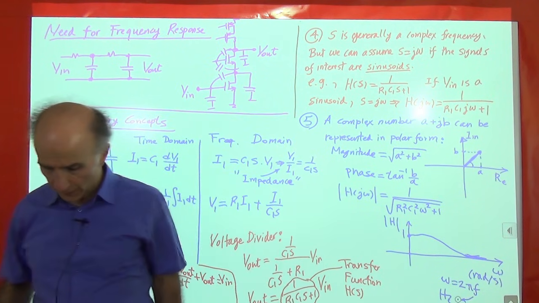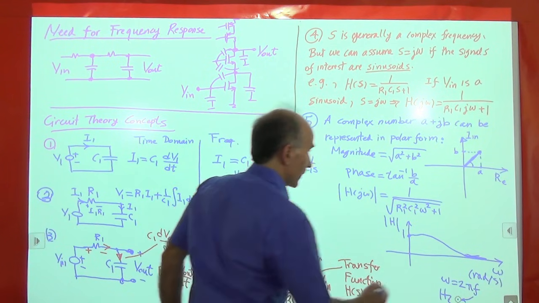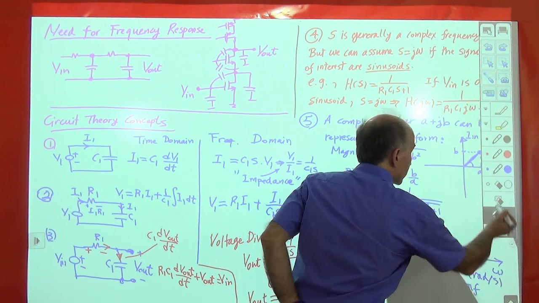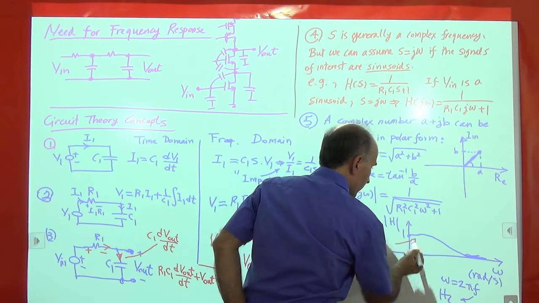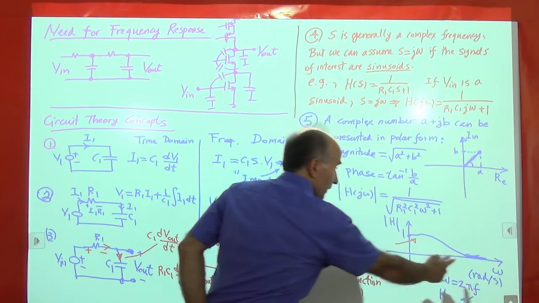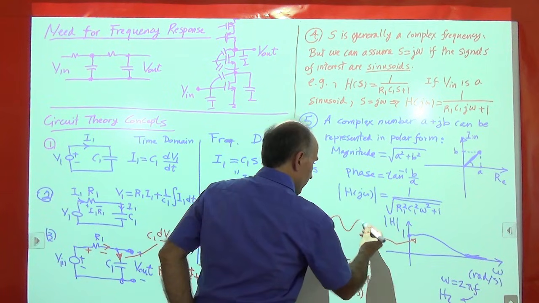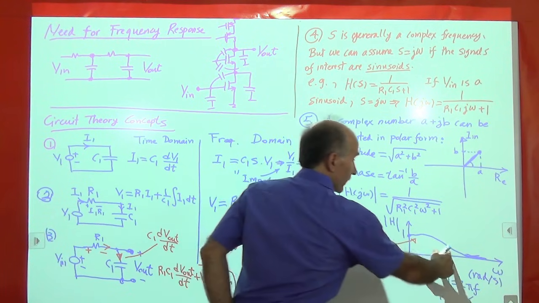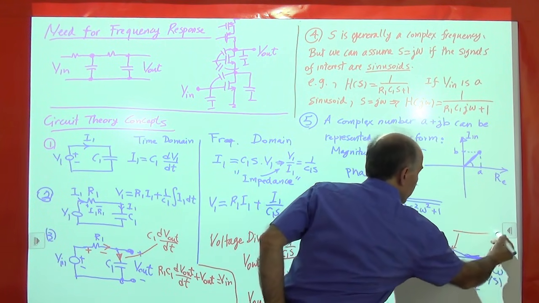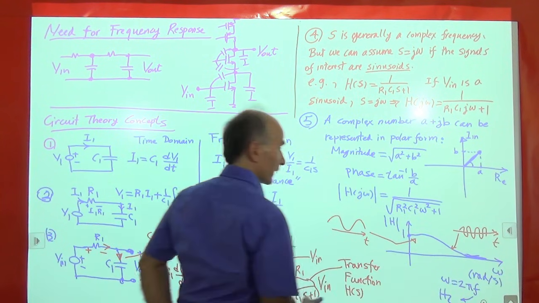Okay, so in other words, what I want to emphasize here is that what we did in the time domain was this. Here, we applied a slow sinusoid because omega is small, right? So this is something like this in the time domain. But here, we applied a high frequency signal.